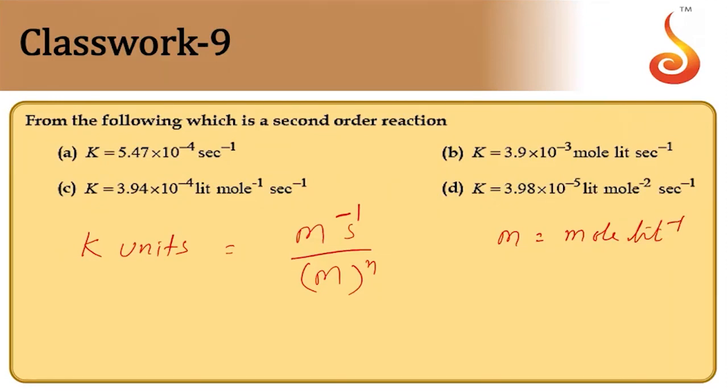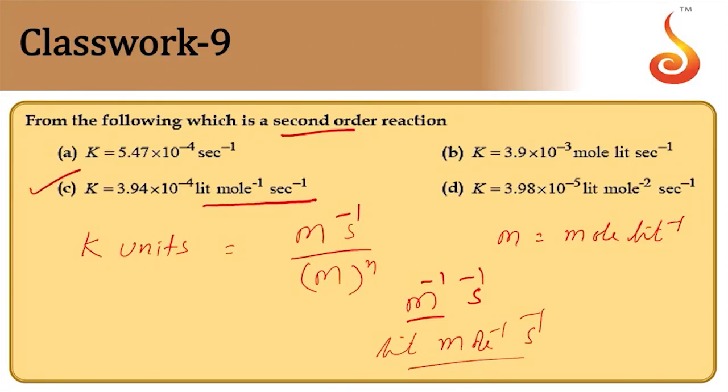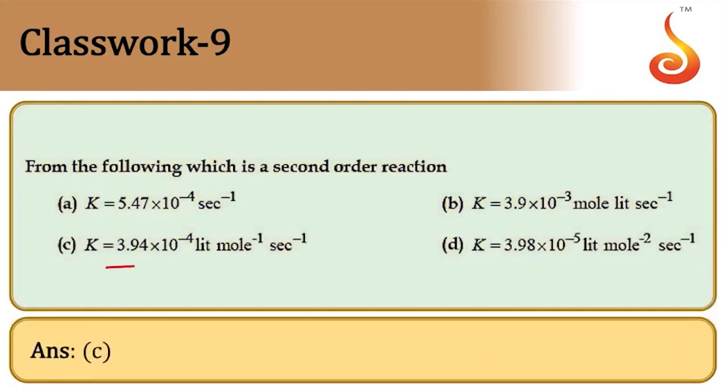Since it asks for a second order reaction, n is equal to 2, so it will be molar to the power of 1 minus 2, that is minus 1, and seconds inverse. Molar to the power of minus 1 means liter per mole, per second. So the answer is the option liter per mole per second, which is C. So option C has the units of second order.